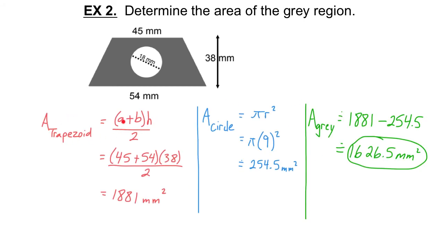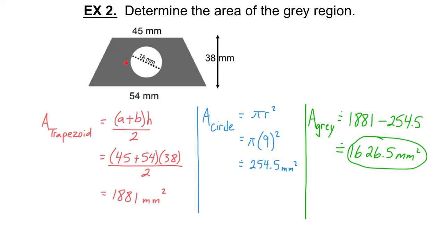Area of a trapezoid is (a plus b) in brackets multiplied by the height divided by 2. When I plug in my numbers in the right spots, I end up with 1,881 millimeters squared. The circle has an area of pi r squared. Remember, the radius is half of the diameter. In this case, it would be 9 millimeters. So when I calculate the area of the circle, it's about 254.5 millimeters squared.